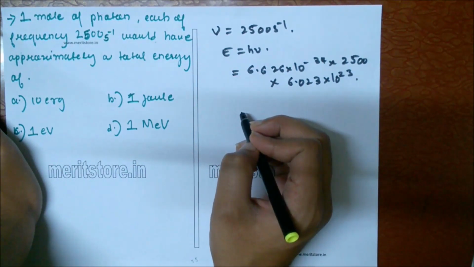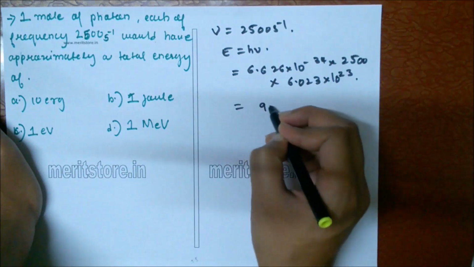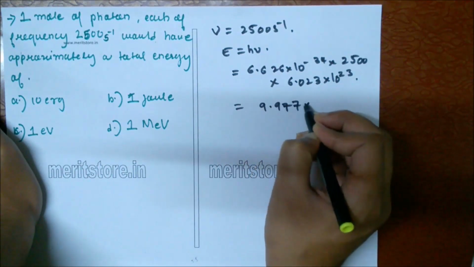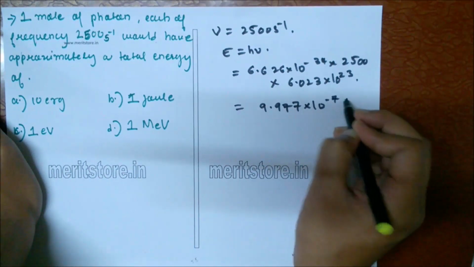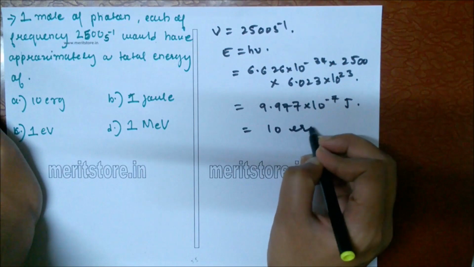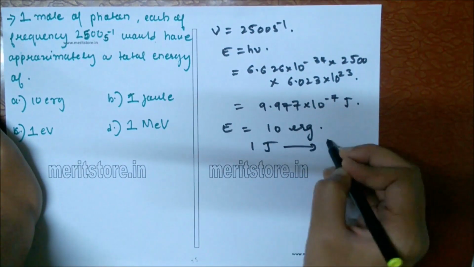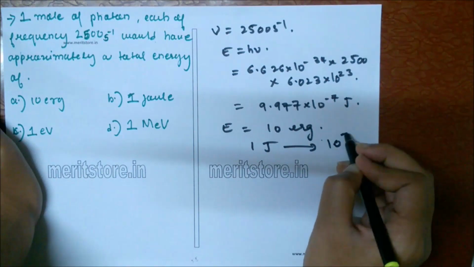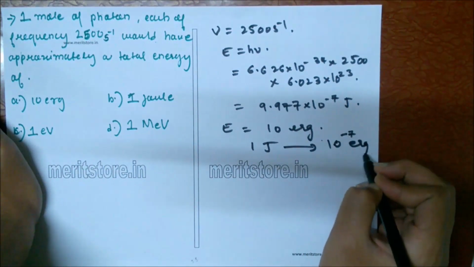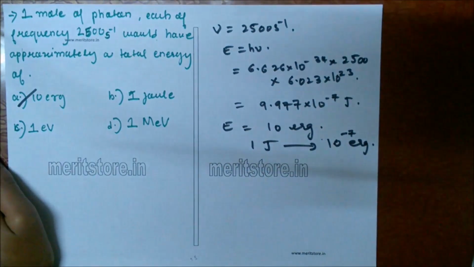Now, to find the energy in ergs, we get the answer as 9.977 into 10 raised to minus 7 joules, which is approximately equal to 10 erg energy, as 1 joule is equal to 10 raised to 7 ergs. So option A is the correct answer.